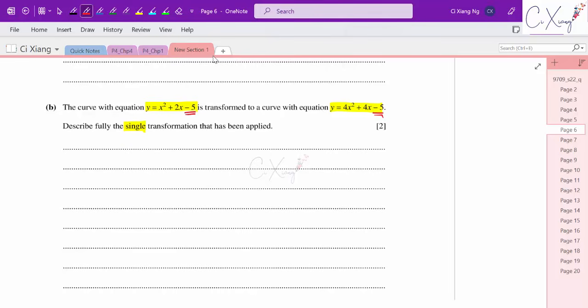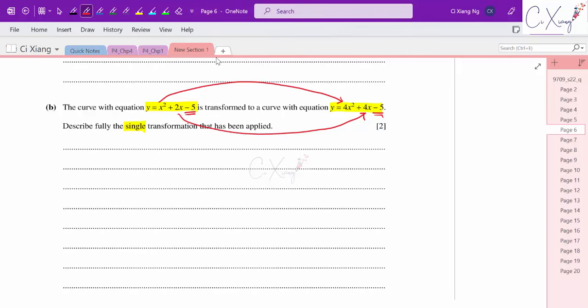Okay, from x squared, how can I have 4x squared? There are many ways that from x squared you can have 4x squared. So if we try to compare 2x with 4x, you realize that from 2x to 4x, we actually times 2. So for x squared to 4x squared, basically times 2 squared.